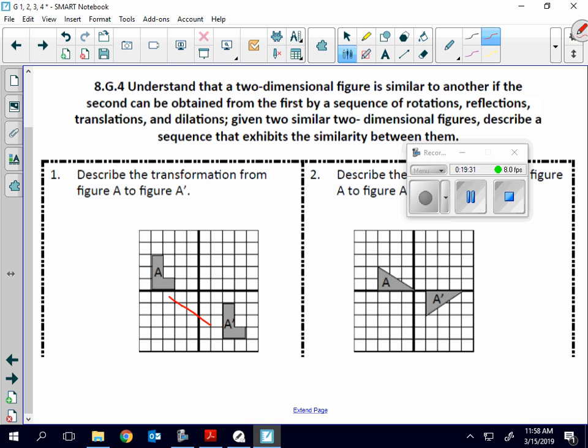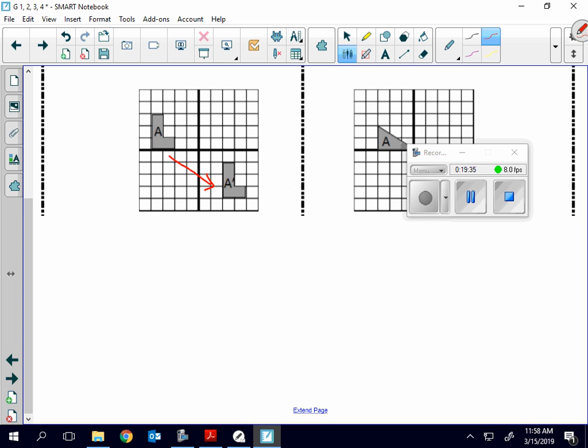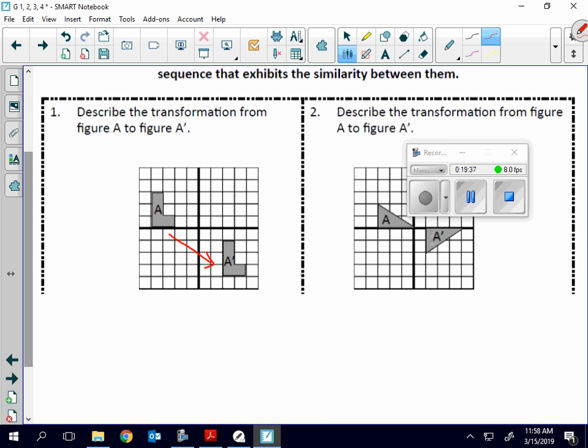Well, A to A prime looks like it is a slide. What did we do? Well, take any point and find the corresponding point in the new one and tell me what I did. If I translate it, I slid it down 4 and right 6.